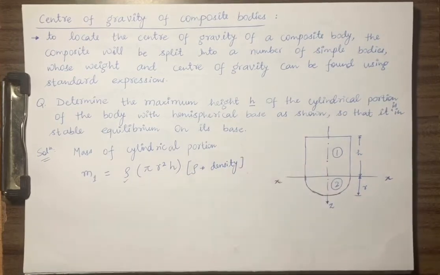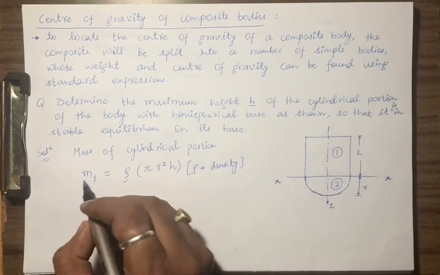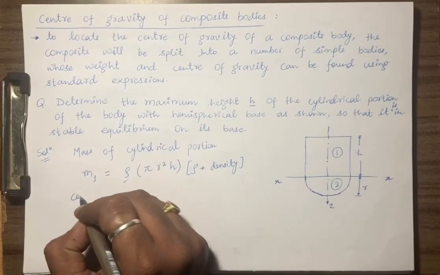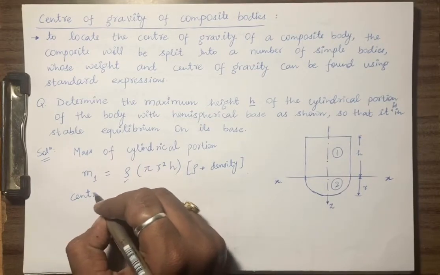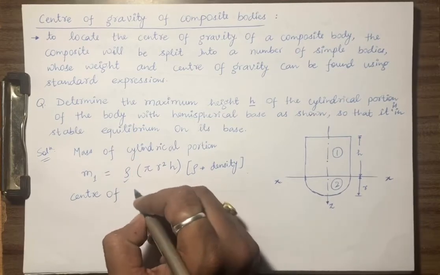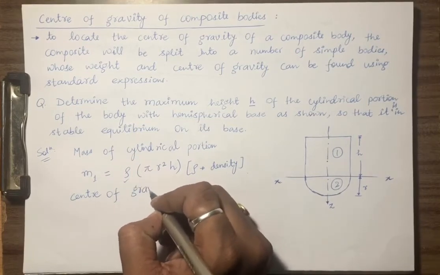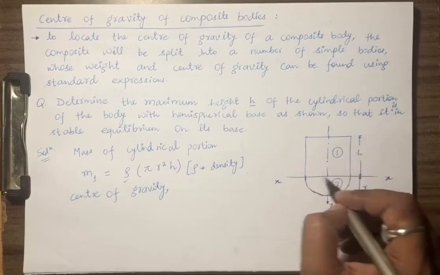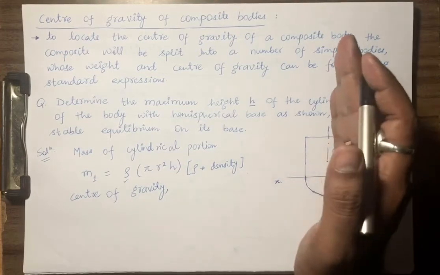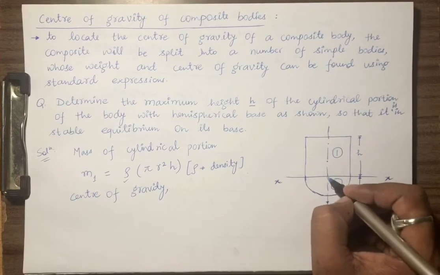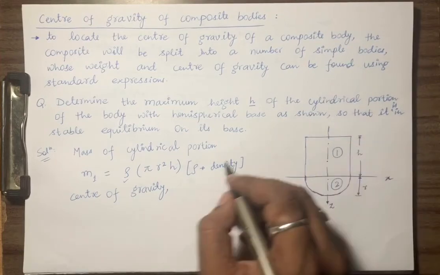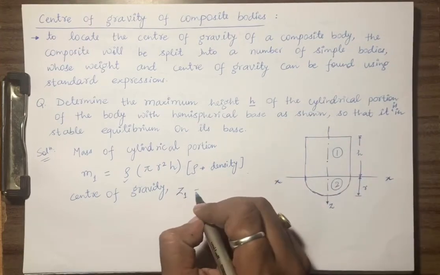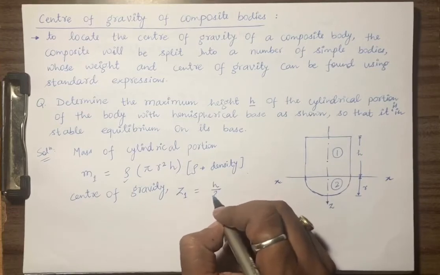If it is weight, then rho will become gamma, where gamma is rho into g. For the center of gravity, again this axis is symmetrical, so it will lie on this axis. So Z1 will be h by 2.